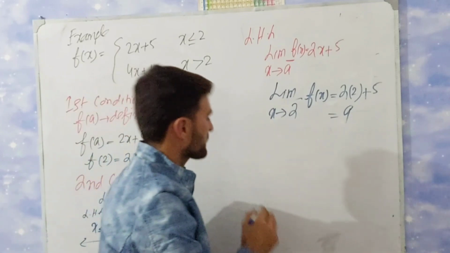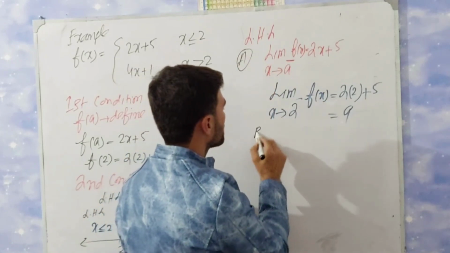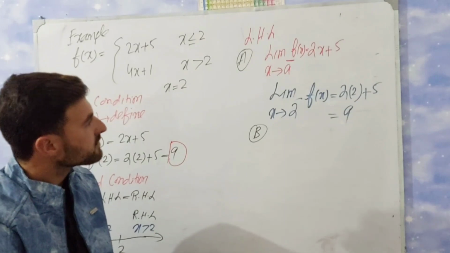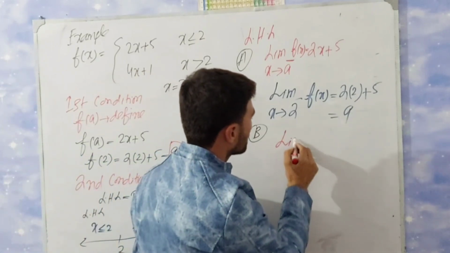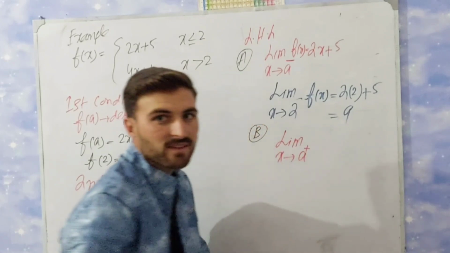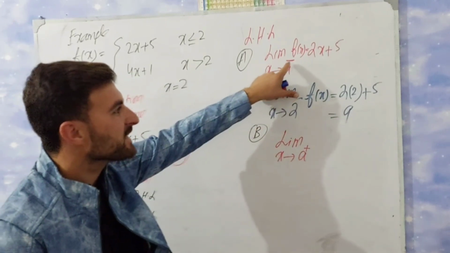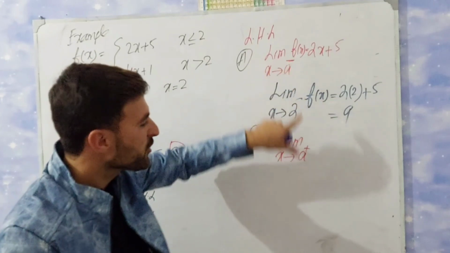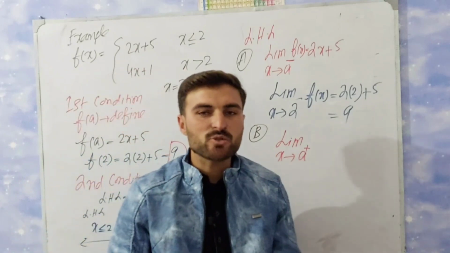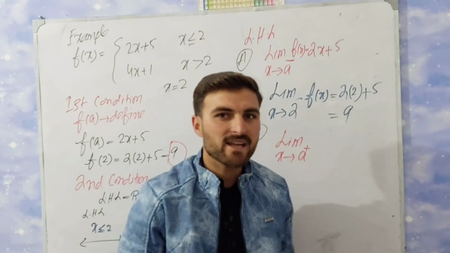Now let's take the right hand limit. The right hand limit should be with a plus sign, because if we take the left hand limit with minus, we take the right hand limit with plus. As I said, these do not show negative and positive values, they just show the left hand and right hand limit.